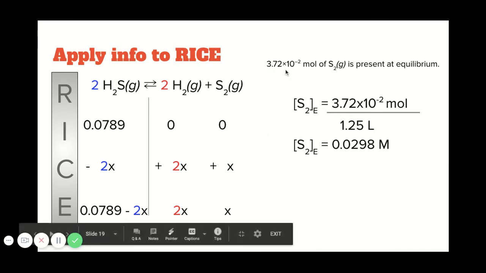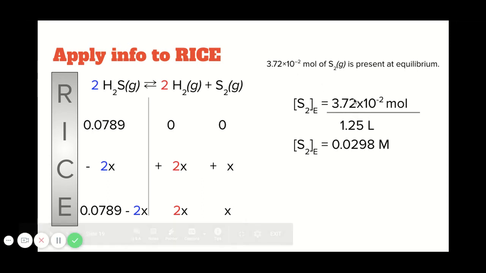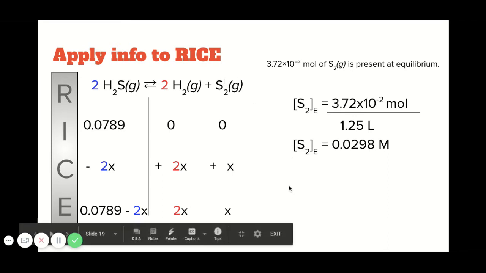Is this a concentration? No, but it's most of the way to a concentration. So it tells me the moles. To get to the concentration, I divide by 1.25 liters. This is the concentration at equilibrium, 0.0298 molar. Equilibrium condition of S2 gas.